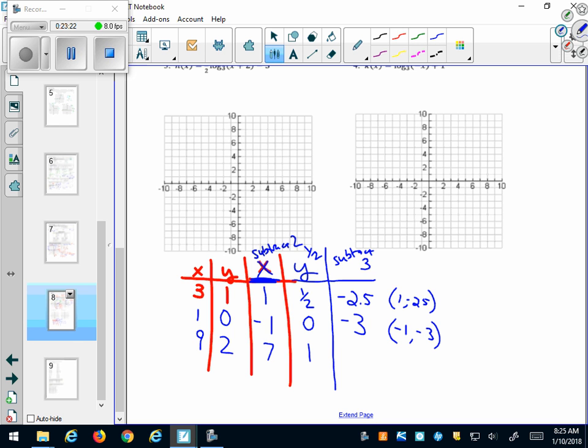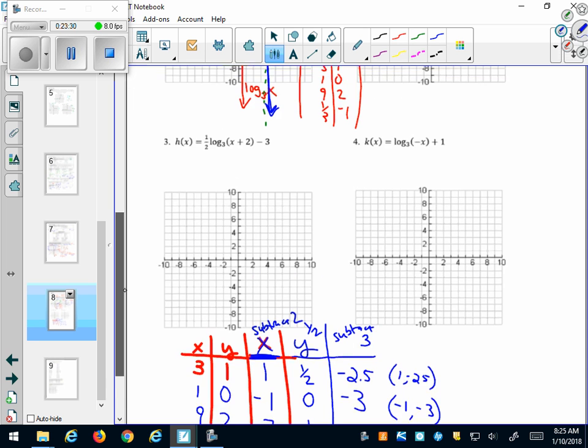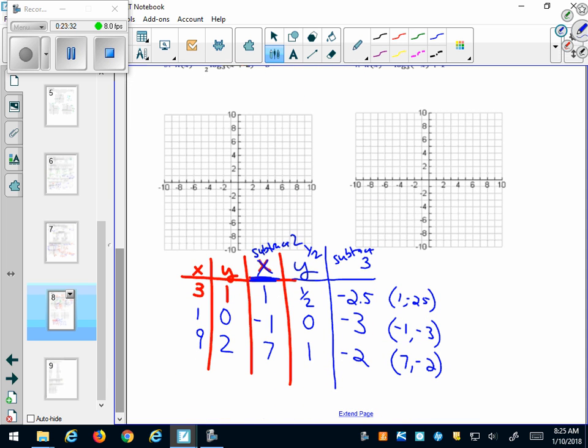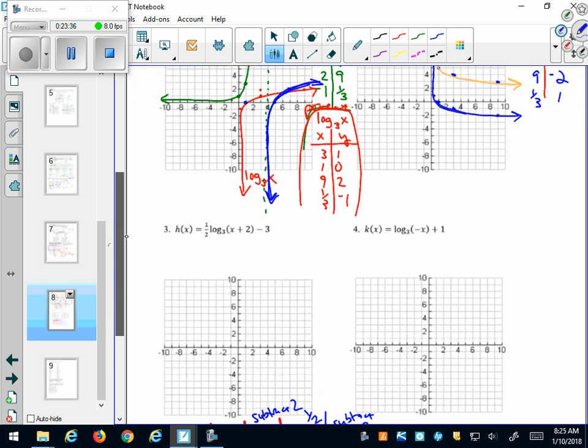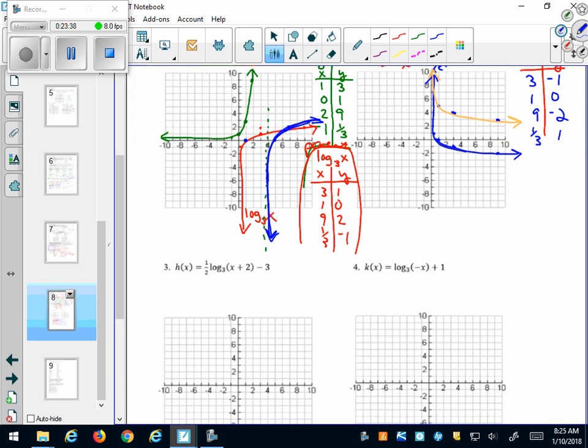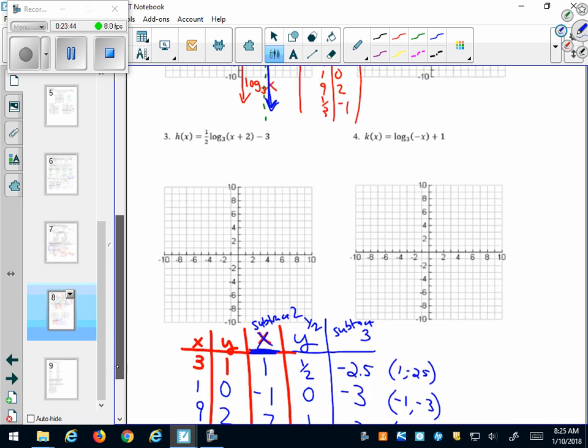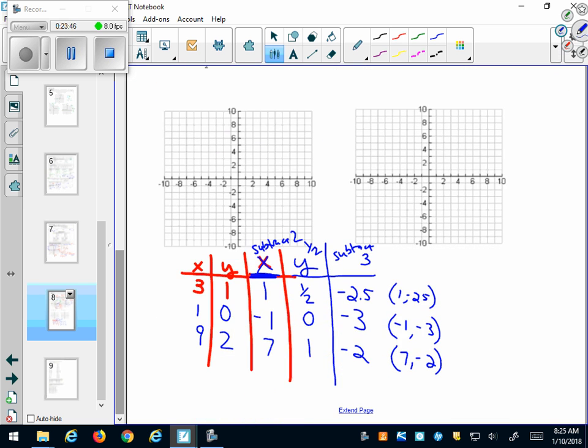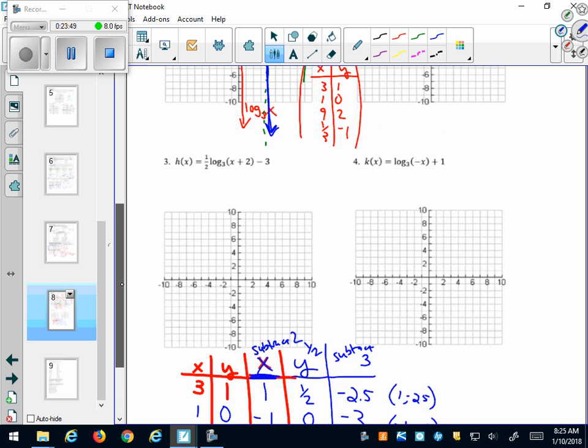Subtract 3 from that y and you get -2. So 7, -2 will be on your graph. So again, this is kind of another method. If you would rather graph the parent function every time and then count, take half and count, you can do that. This is just giving people another method if they want to do it this way.